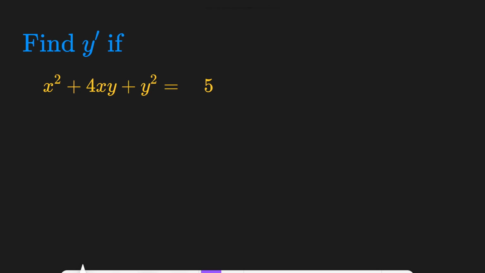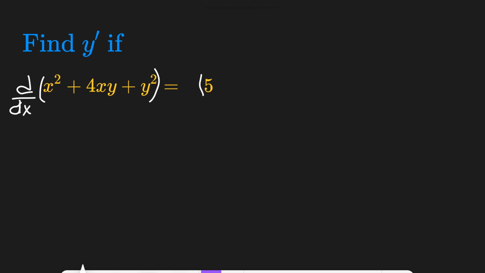Here we have another equation where x and y are related in a complicated manner. We can say y is a function of x but it cannot be easily manipulated to solve for y in terms of x. So implicit differentiation is a perfect fit for this question. What was the first step for implicit differentiation? Differentiate both sides with respect to x.